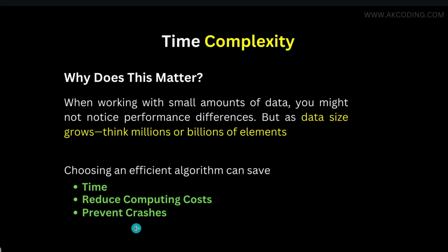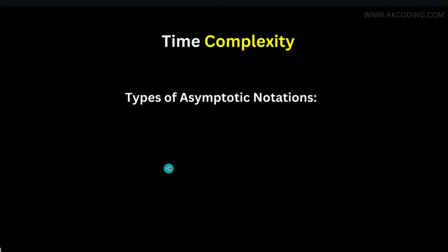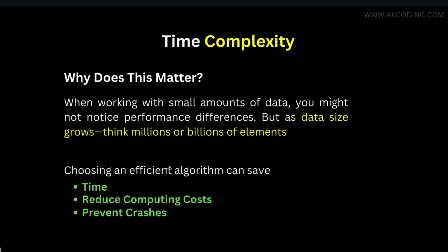If your program is taking a huge amount of memory, then there is a possibility of crashing your system. So all these three concepts, time, cost and crashes, might not be a problem if your program is optimized.